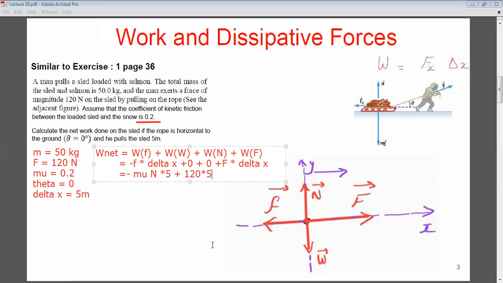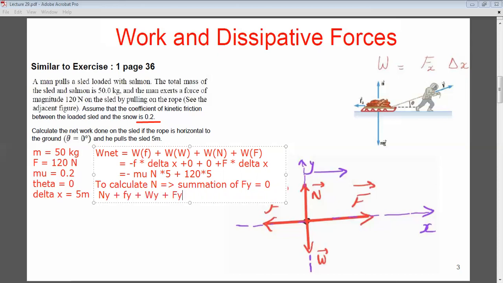Okay, now I have to calculate N. What do we use? To calculate N, we always use summation of Fy is equal to 0 from Newton's second law. Okay, so summation of Fy is equal to 0. That is, what do we have on the y-axis? I have N plus Wy.